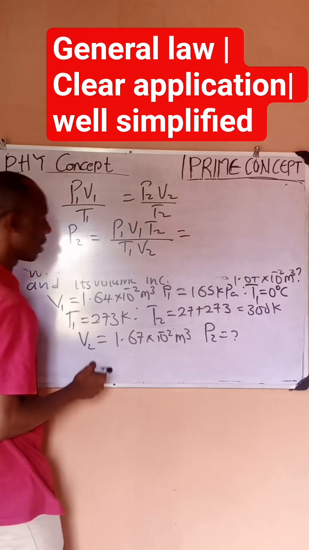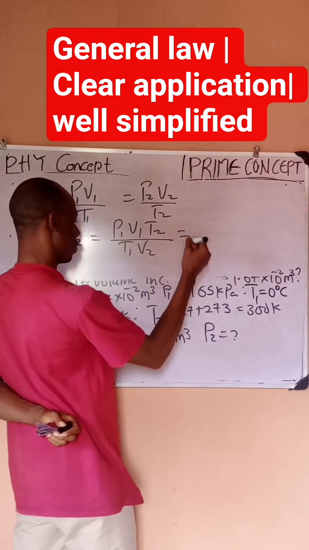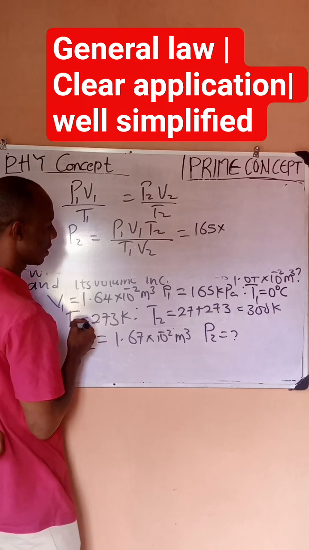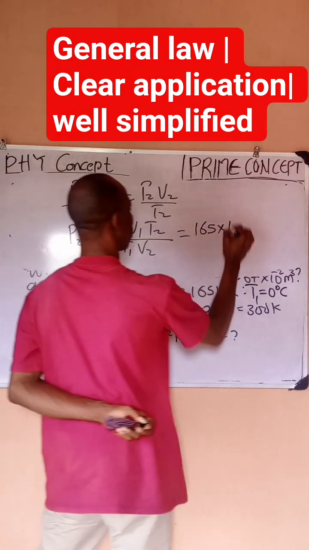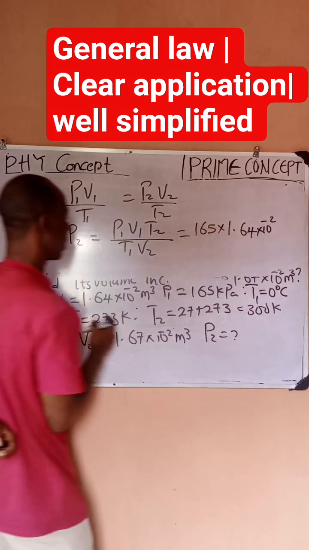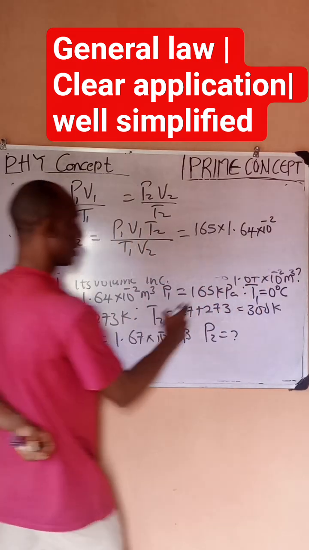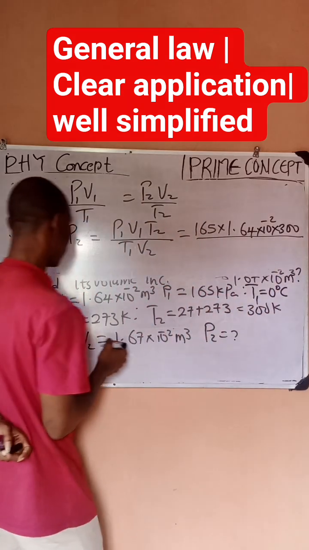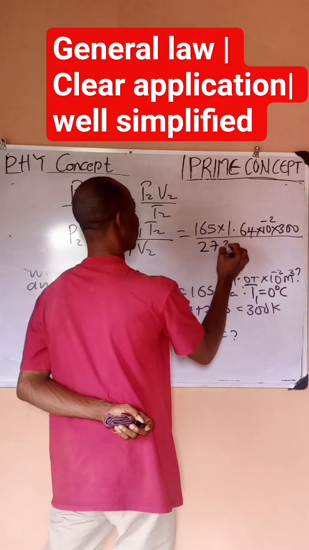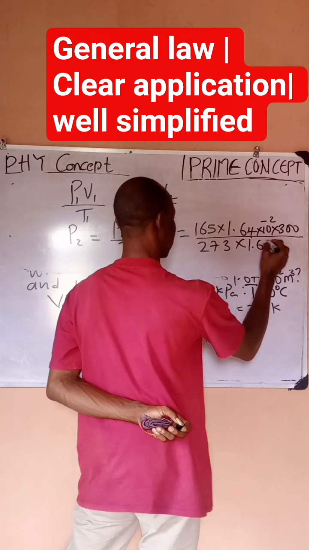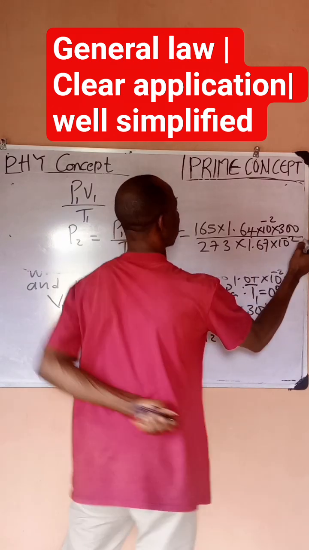So if I use this formula, I would have my P1 to be 165 times my V1, which is going to be 1.64 times 10 to the power minus 2 times my T2. My T2 is 300, all divided by my T1, which is 273 times my V2, which is 1.67 times 10 to the power minus 2.